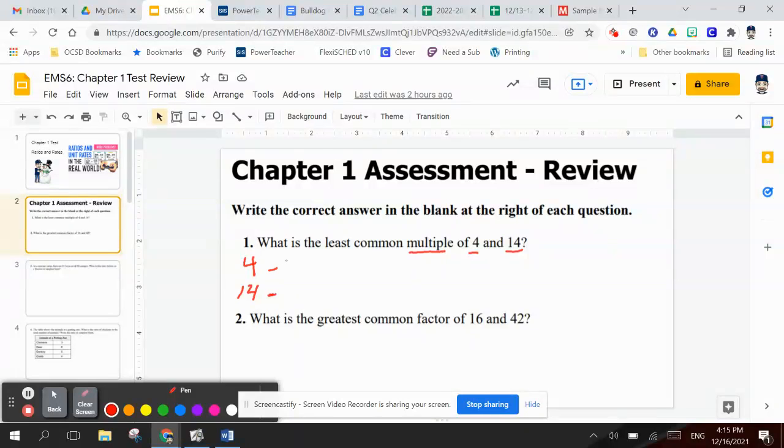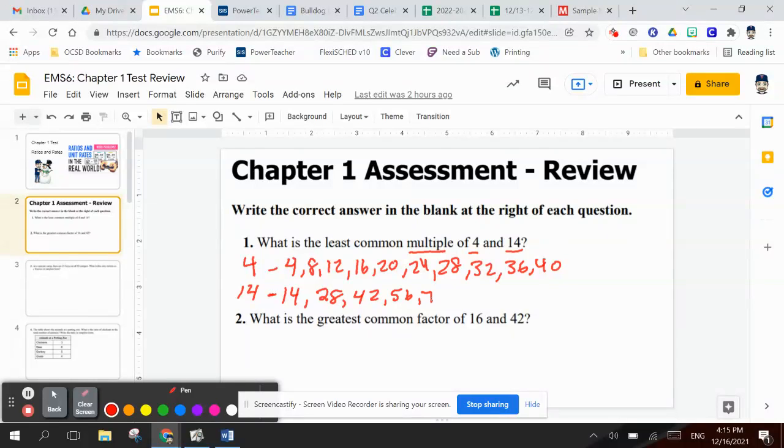So if I count by 4, that'd be 4, 8, 12, 16, 20, 24, 28, 32, 36, and 40. So the first 5 multiples of 14. I only do 5 on the second one because normally the number is larger, and by the end you'll see what I mean. So when I count by 14s, I have 14, 28, 42, 56, and 70.